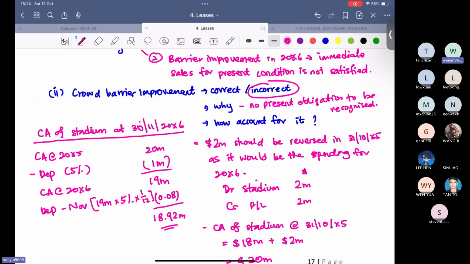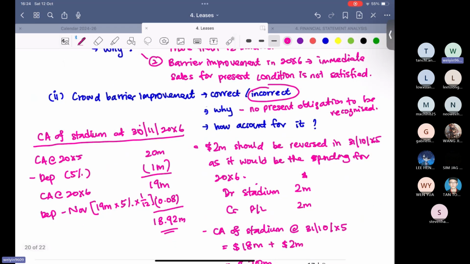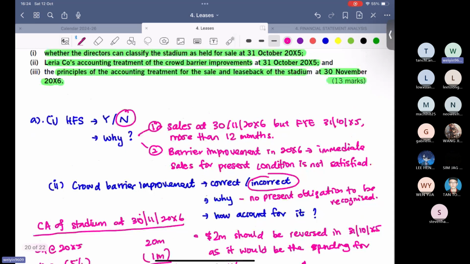So class, now I got the carrying amount, I got the fair value, I got the cash, I got the lease payments. So next one is part 3, the principle of accounting treatment for the sales and leaseback of the stadium. Before I go to the explanation, class, again, I don't need step 1 to step 4.